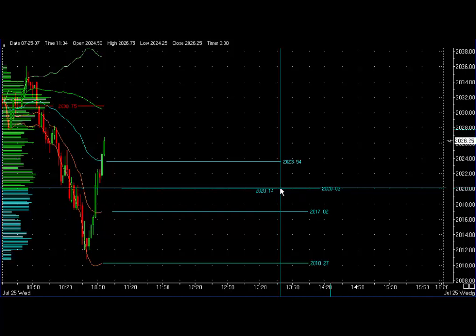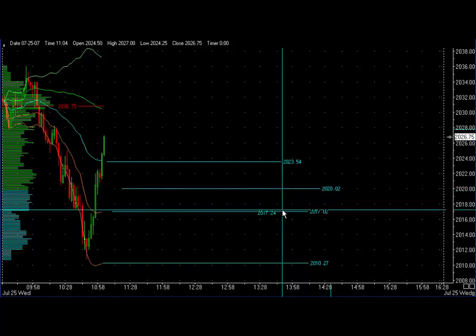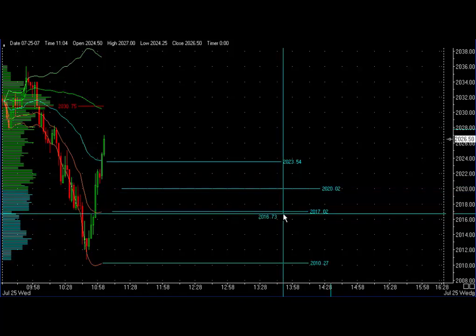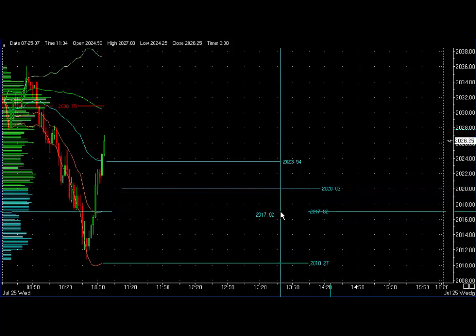Or he can simply exit one contract. Actually, he has three choices. He can exit one contract at 20.20 and then hold on to the second contract until it gets back to his initial entry, which would also give him a nice profit. Or he can hold on to both contracts all the way down to 2017. Any of those choices are viable, and any one of them will make him profitable for this trade.